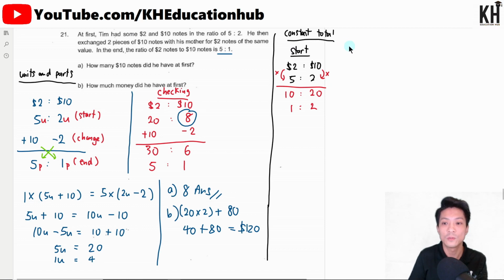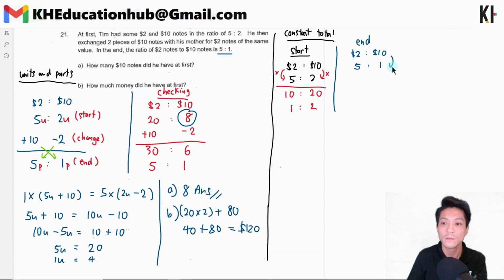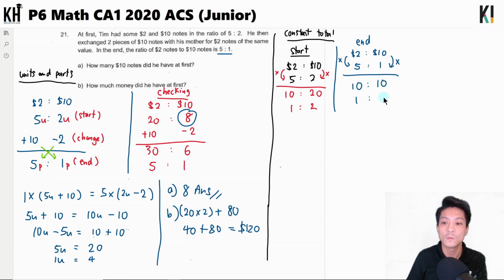Now we're gonna do the other one, which is the ratio at the end. $2 is to $10 will be 5:1. So same thing, I'm gonna multiply these two to get the ratio of 10:10, which is 1:1.